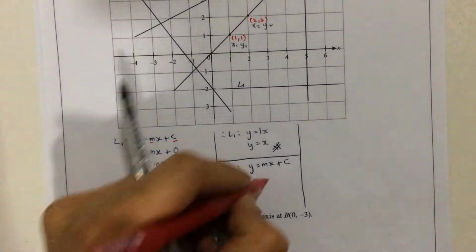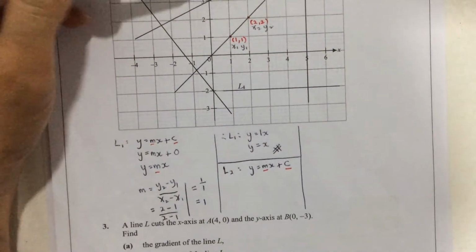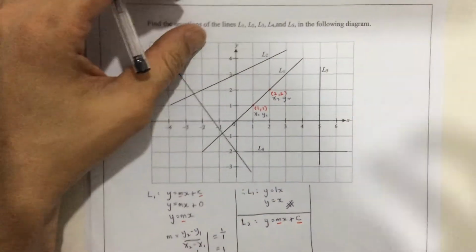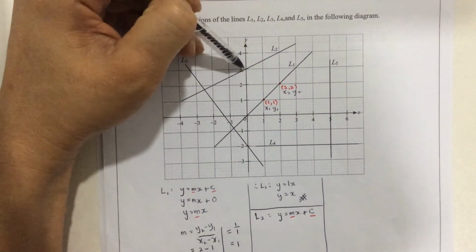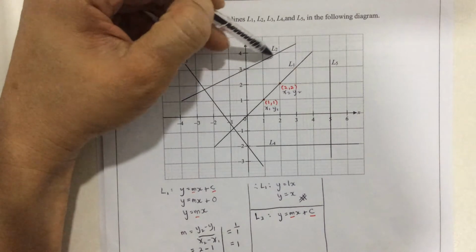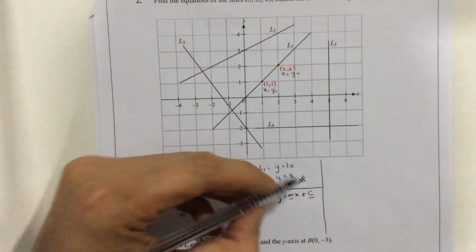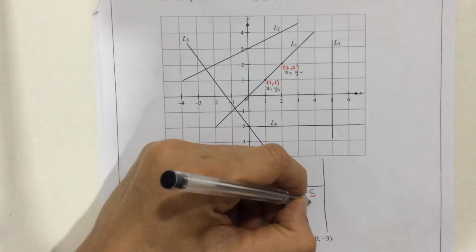Our task here is to find m and to find c. If you look at line 2 here, we actually have the c given. c is the y-intercept, so you can see that line 2 is cutting at 3, so c equals 3. So y equals mx plus 3.